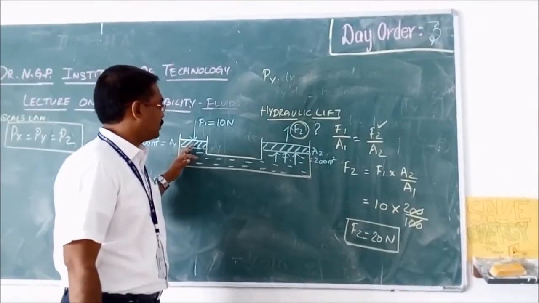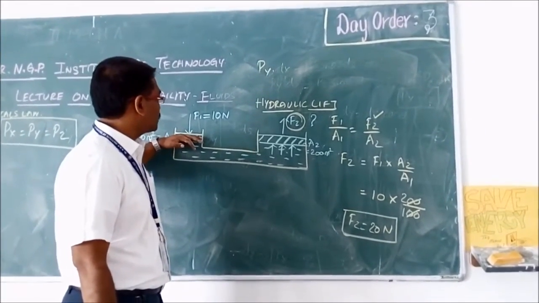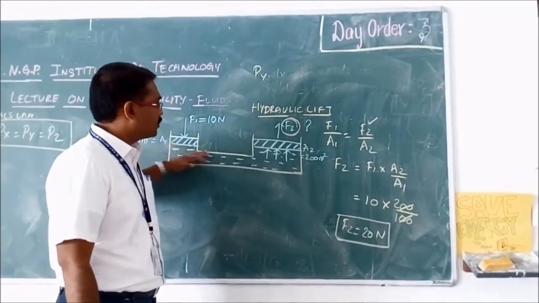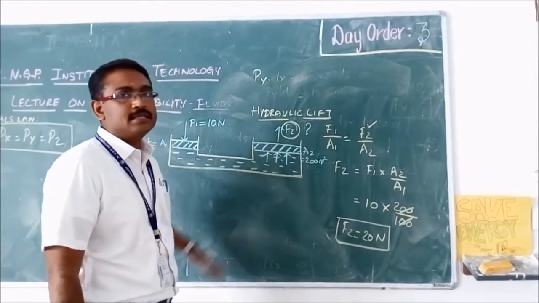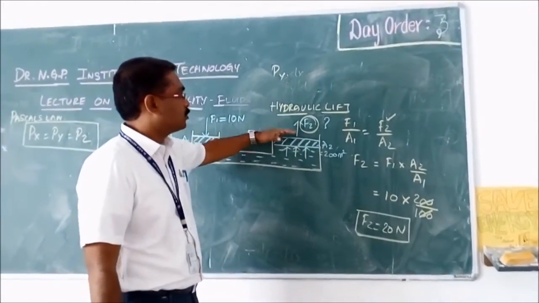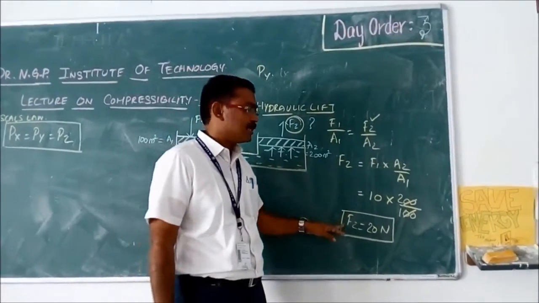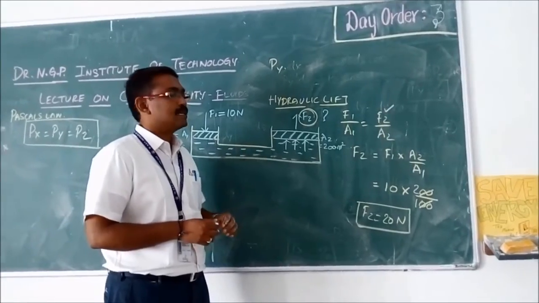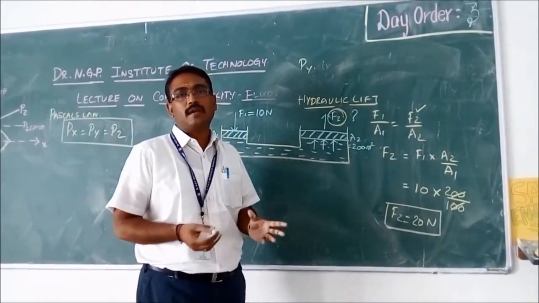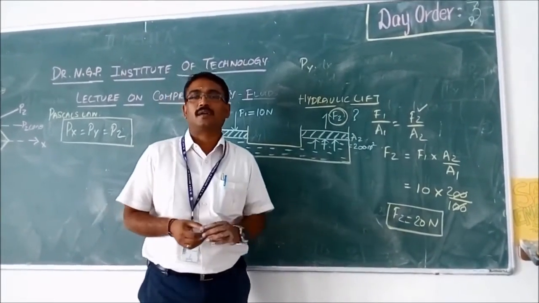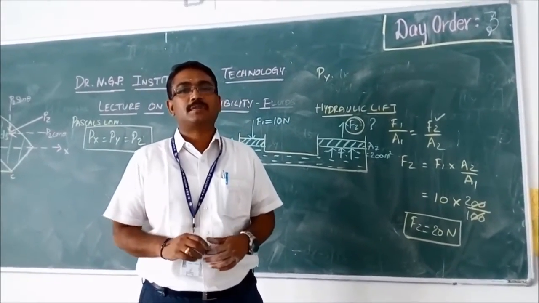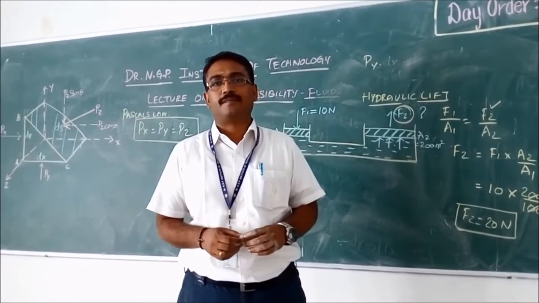Otherwise, the force that is applied on this piston one is being transmitted by means of the fluid without any compressibility, and it starts pushing section 2 and we get a resultant force as 20 Newton. And this is a simple example wherein we can understand compressibility of fluid very well. And I have specifically developed a particular model in order to demonstrate the compressibility of fluid, which we are going to see now. Thank you.